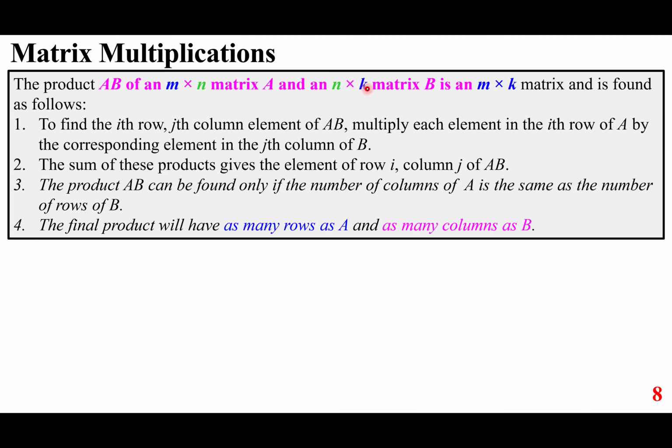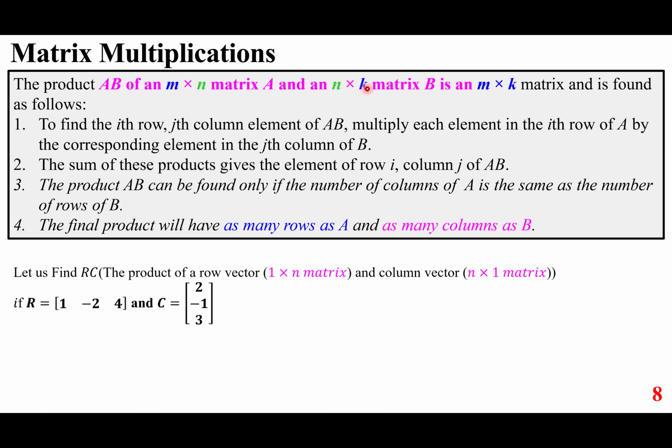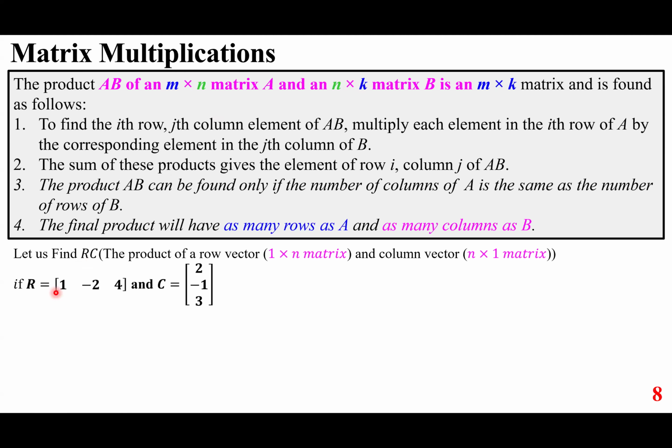The resulting matrix would be m by k. So for example, let's find R times C, the product of a row vector, a 1 by n matrix, and a column vector, an n by 1 matrix. When you have one row or one column only, you can call them a vector.